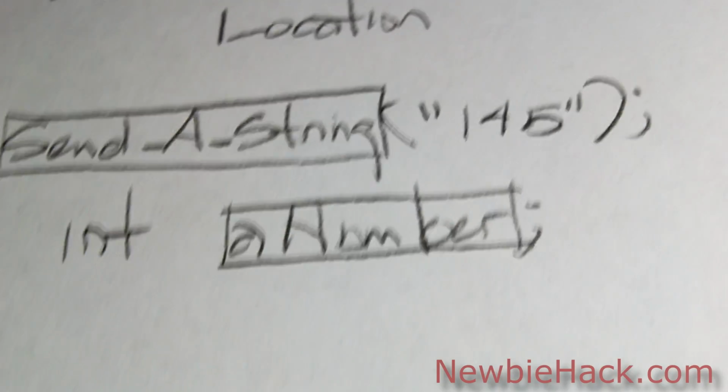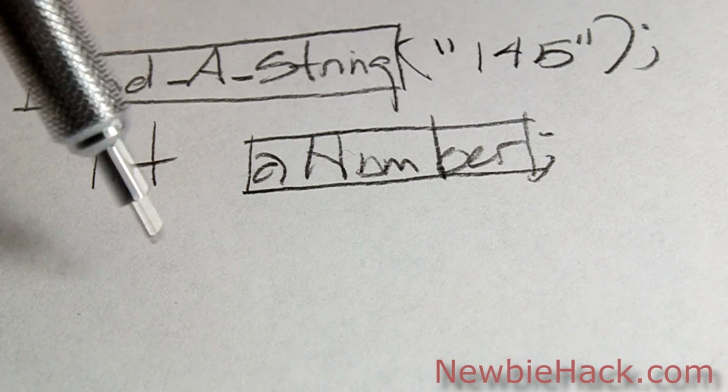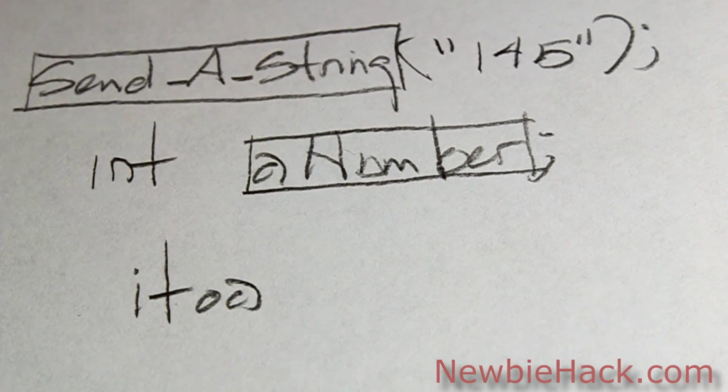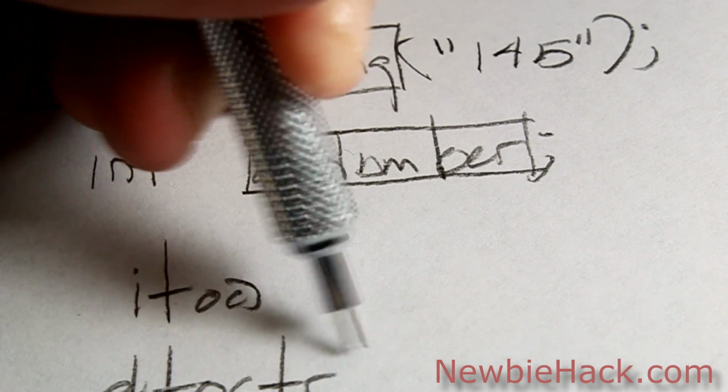So how do we do this? There are two main conversion functions that are available for the AVR. One is called ITOA, and the other one is called DTOSTRF.